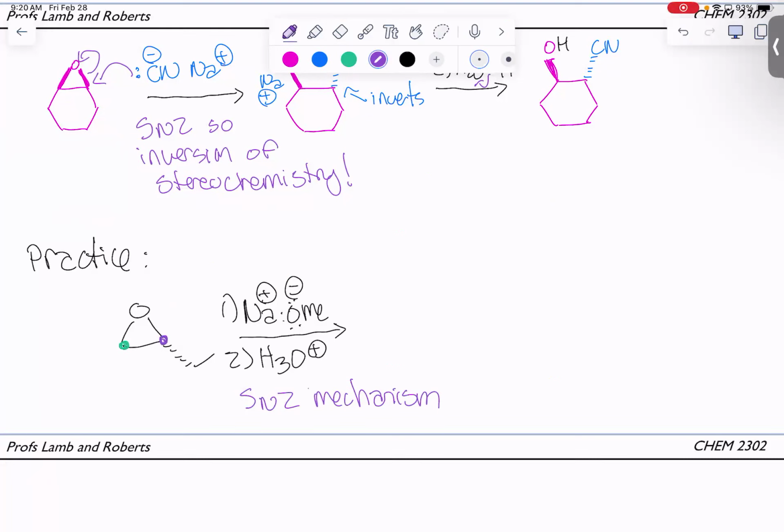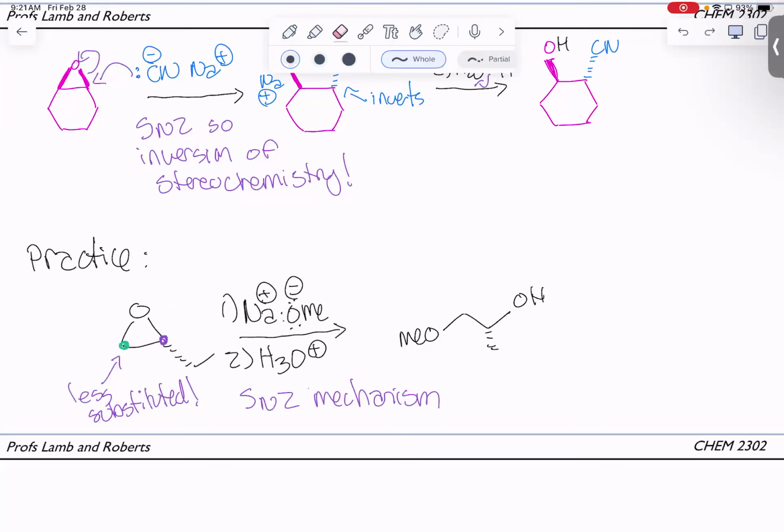And I would say an SN2 mechanism is most favorable at the less substituted carbon. And so that's where I would have my nucleophile react. So that means that my product, at the end of the day, would have the same stereochemistry of this ethyl group, because we don't need to worry about inverting it because we're not attacking at that particular stereochemistry, right?